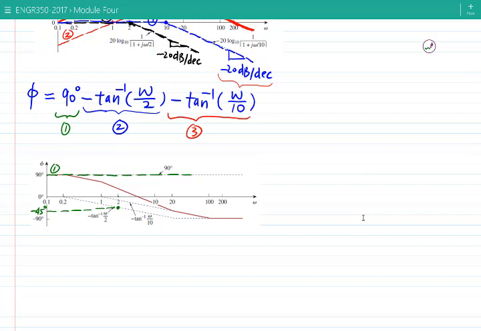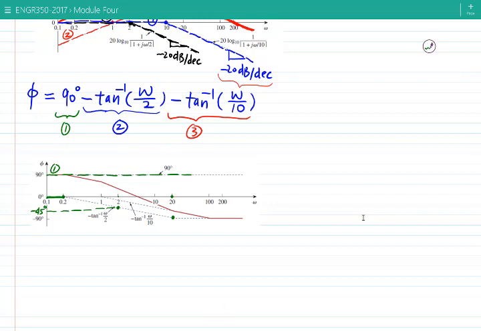When the frequency is lower than one tenth of the corner frequency, the phase angle is 0 degrees. When omega is higher than 10 times the corner frequency, or when omega is larger than 20, omega over 2 is really large, and the inverse tangent of it will be 90 degrees. Then with the minus sign, it is minus 90 degrees.